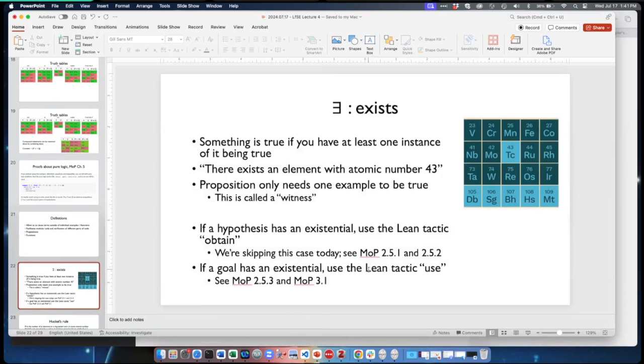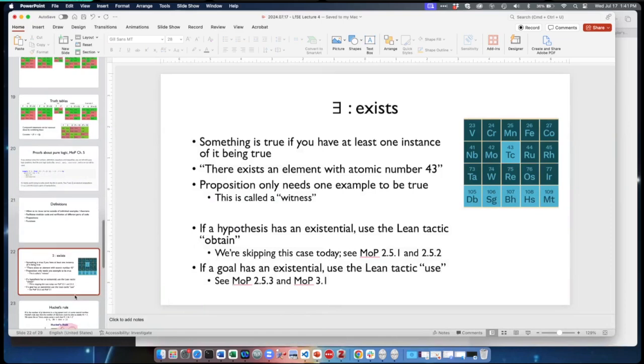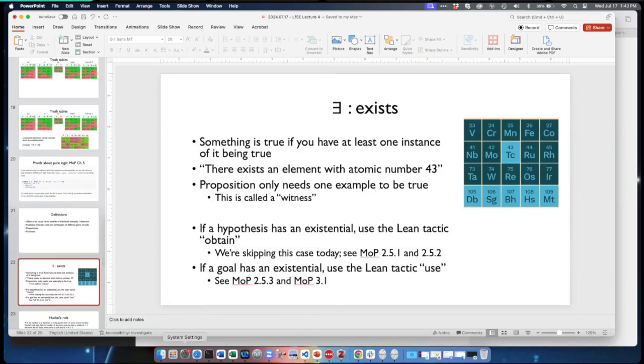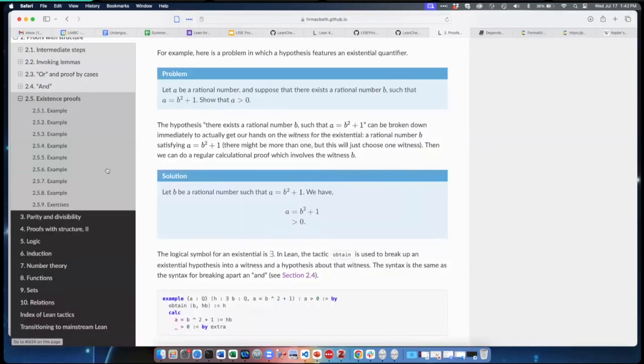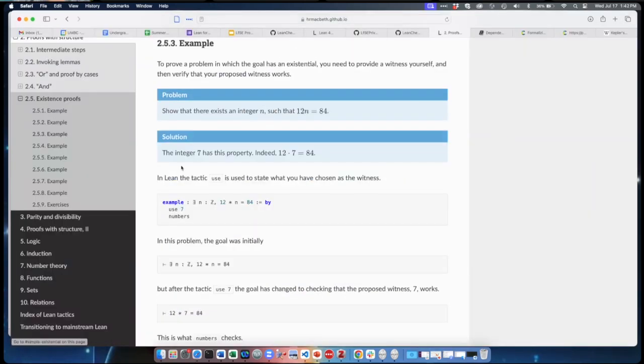Today, we're going to be digging into if the goal has the existential statement. And this is Mechanics of Proof 2.5.3 and also 3.1. So I am jumping to 2.5.3 next.